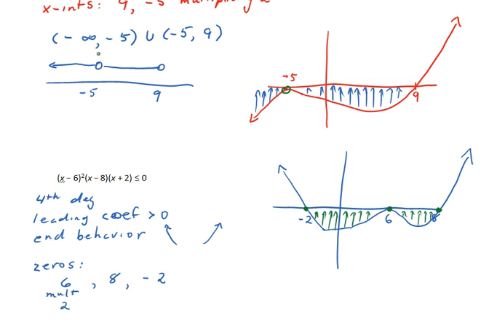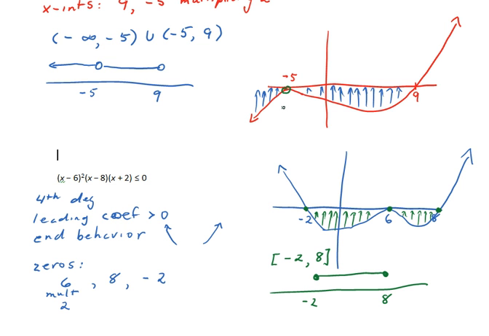But this time we have a solution which includes all the numbers in the closed interval from -2 to 8. And so on the number line, we'd have -2 and 8, and it would be closed circles at both of those and including the points, including the line between, the segment between.